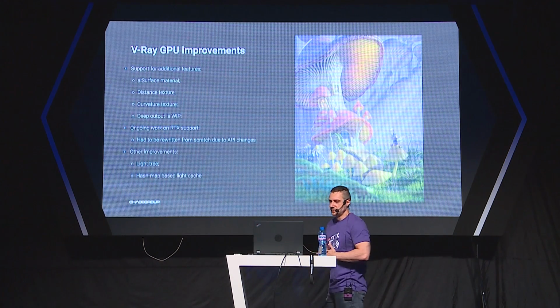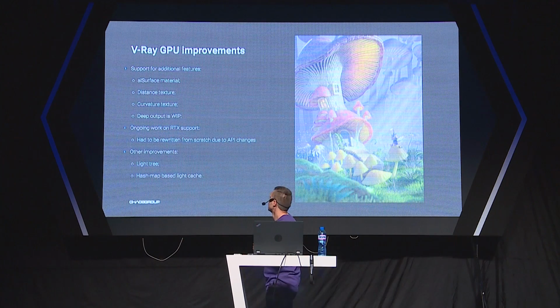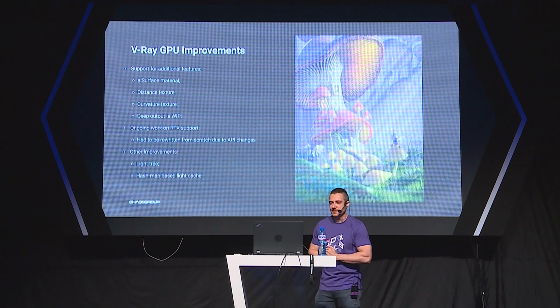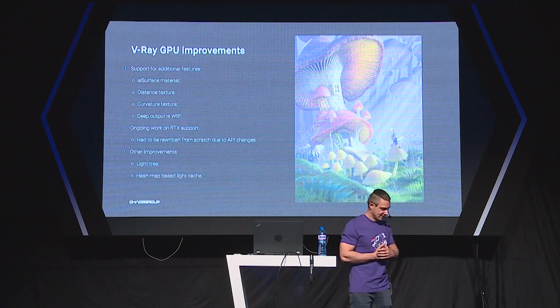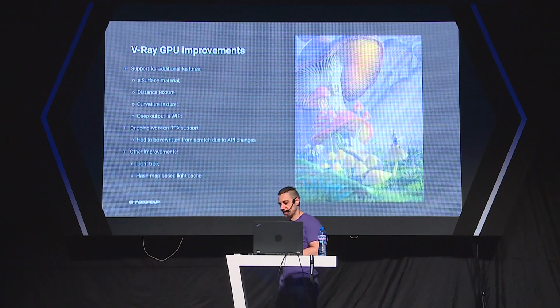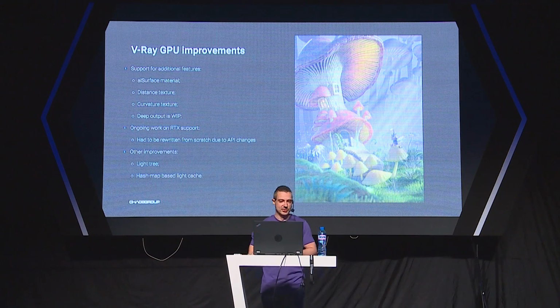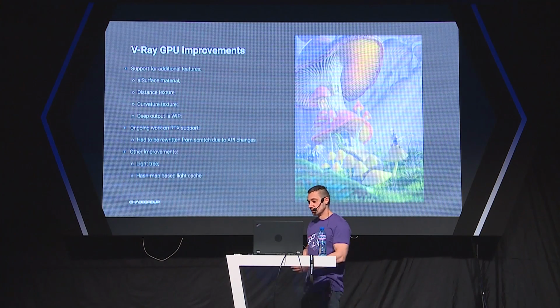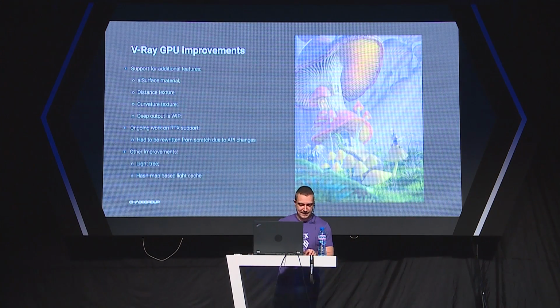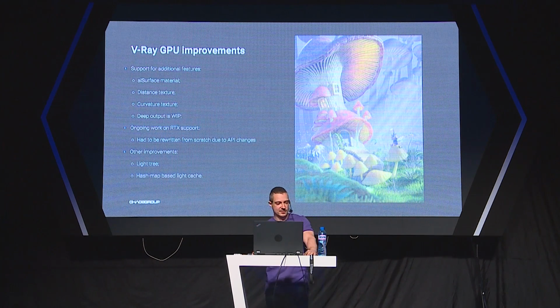At the same time, we continue our work on RTX support. I know that we've been saying this for a long time now, and it's not very easy for us to do this, not only because we have to rewrite basically portions of V-Ray GPU in order to support RTX, but also because the RTX API is evolving in a good way, but we still have to do a lot of changes, and hopefully now it's stable enough that we can focus on V-Ray and getting it up to speed, but up until this point, there was a lot of stuff that didn't really depend on us.